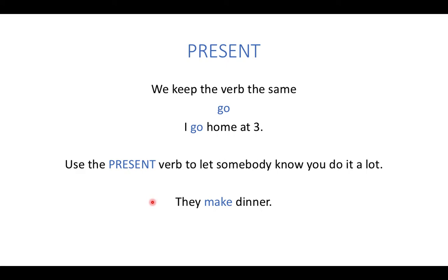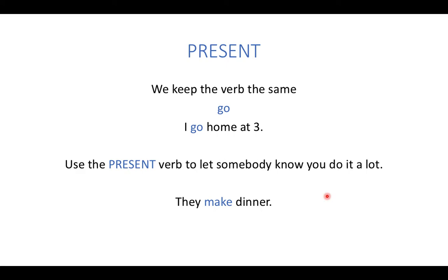When you use the present verb, it tells the person that you do it a lot. So present we know means in the moment, but this kind of present is a little bit different because when you say I go home at 3, it means that you do it a lot. If somebody says, what time do you get home from work?